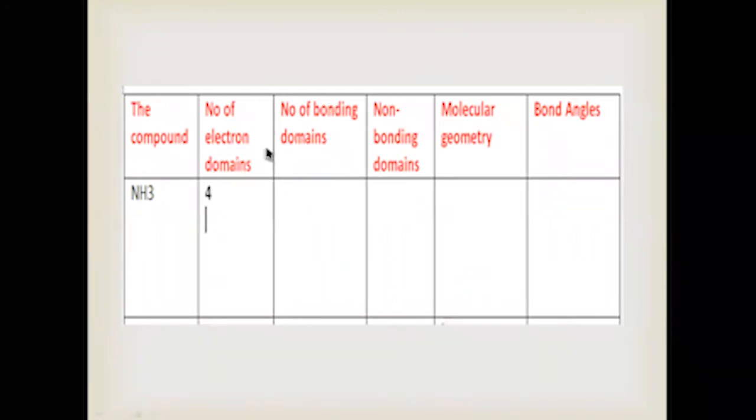To know the number of bonding domains, we should also count the electron pairs surrounding the central atom that enter in a bond with another atom.